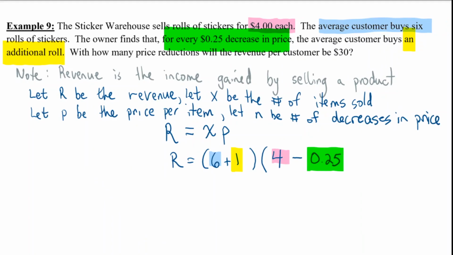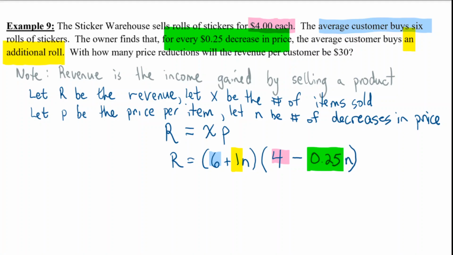So we're not going to just decrease the price by 0.25 once. It's for every 0.25. So we might do it once or twice or 3 times, depending on what is going to give us the revenue that we want. So we can put n here and here, right? If I decrease by 0.25 a certain number of times, the customer's going to buy one more roll.